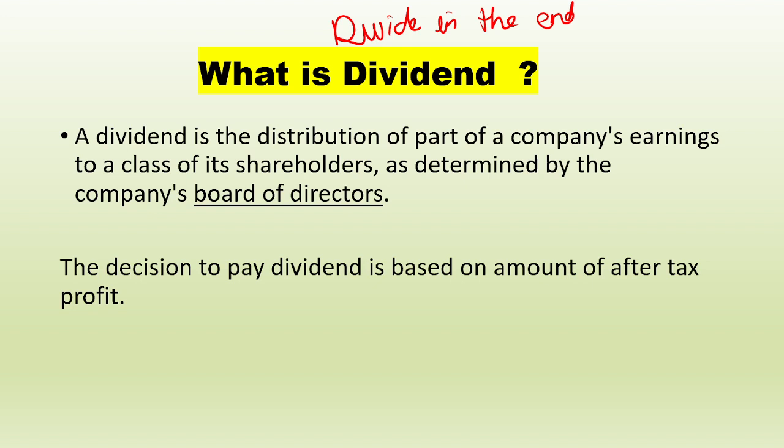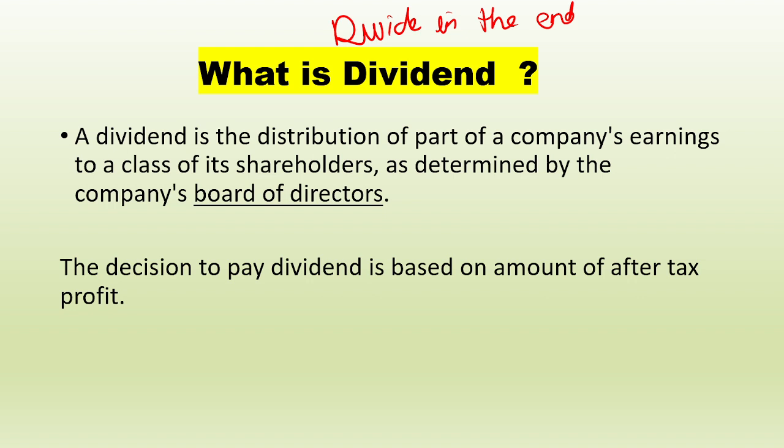It will not be given to the stakeholders. Remember, this point is very important. If you say that it is given to all stakeholders, no, it is given to shareholders. And as I told you the day before yesterday in our previous lecture, the dividend will be first paid to the preference shareholders, because they are the secondary.